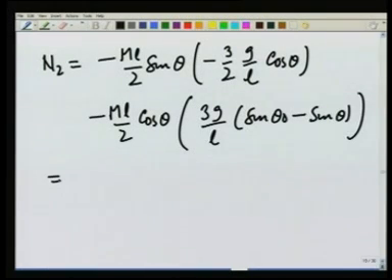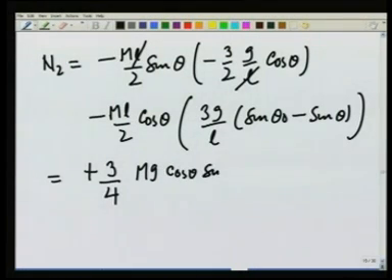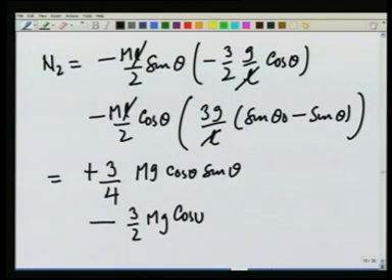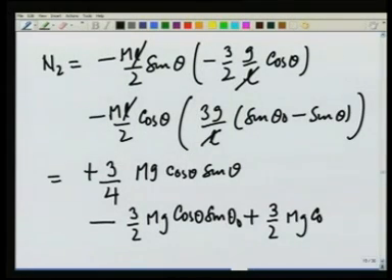So, this gives me, this L cancels, minus minus plus 3 over 4 mg cos theta sin theta, minus, this L also cancels, 3 over 2 mg cos theta sin theta 0, minus minus plus 3 over 2 mg cos theta sin theta.